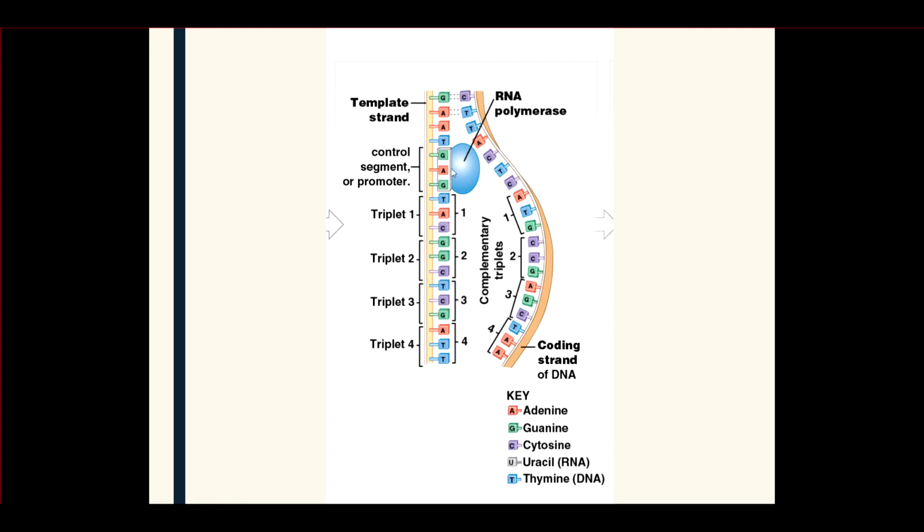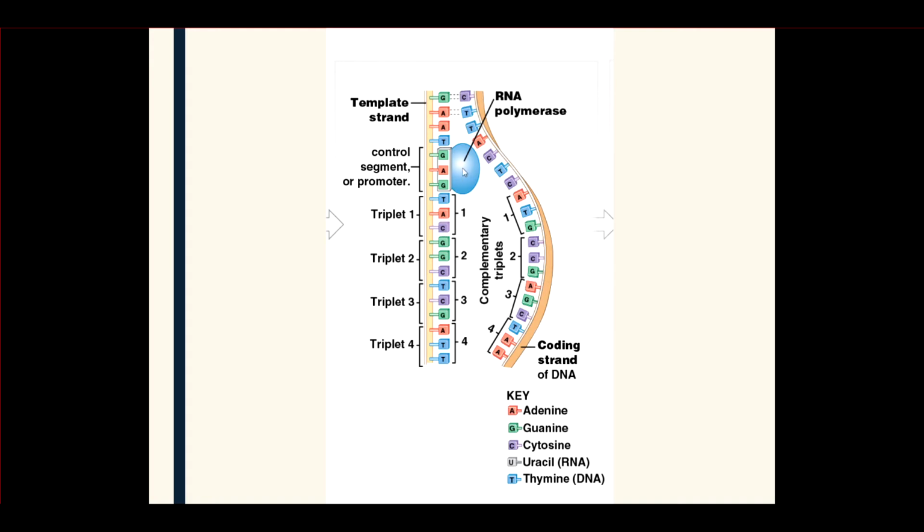The next thing that's going to happen is this RNA polymerase is going to slide down and read the next three nucleotides. If you remember from a previous lesson, the language of DNA is in triplets, we read everything in threes. So when this RNA polymerase slides down, it's going to read TAC.